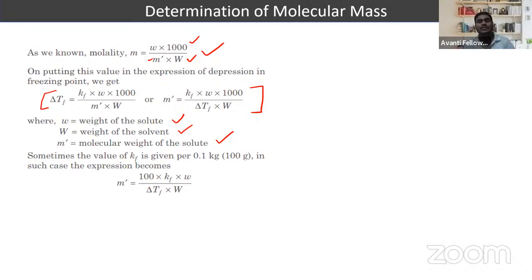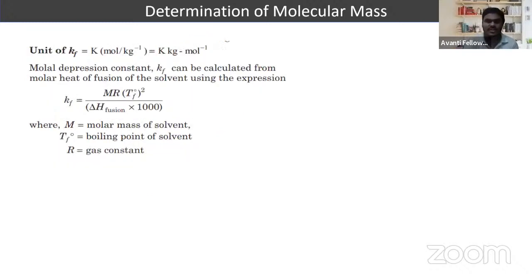So this is how you can calculate the molecular mass of the solute, right? So this is all about the depression in freezing point. Unit of Kf remains the same, that is Kelvin kilogram per mole, and we can easily calculate this. The molar depression constant Kf can be calculated from the molar heat of fusion of the solvent using this expression as well.